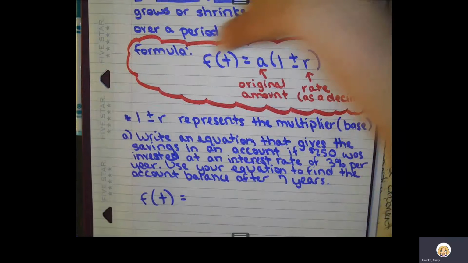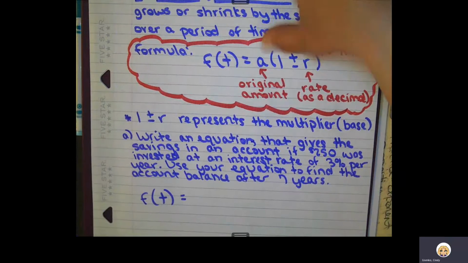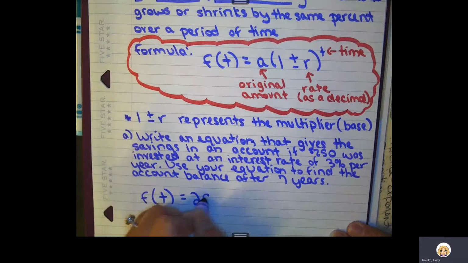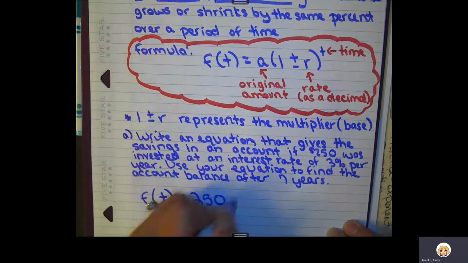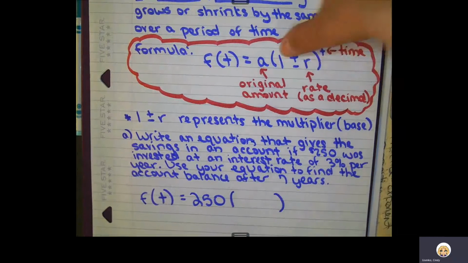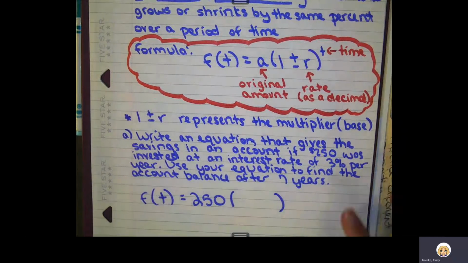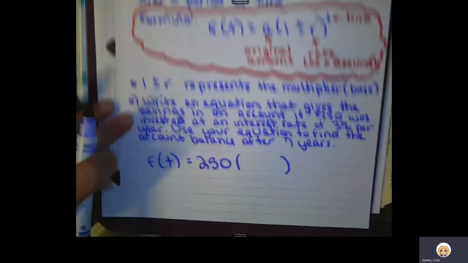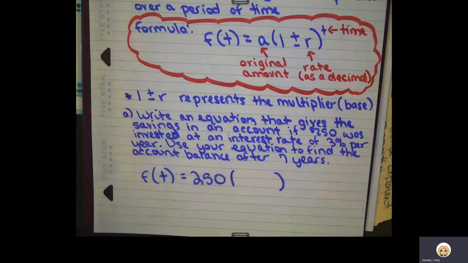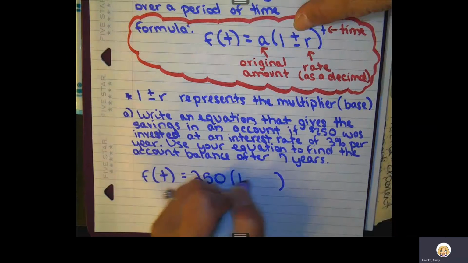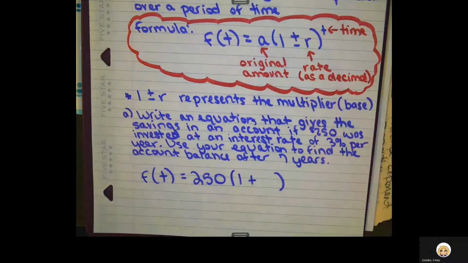So our formula has to start with the original amount. Our original amount is 250, so that's going to go outside the parentheses. In my parentheses, it's supposed to be 1 plus or minus r. If we have a savings account, we are earning interest. We are earning money as we have this money in our savings account. So we're going to use a plus in this formula. So it's going to be 1 plus.